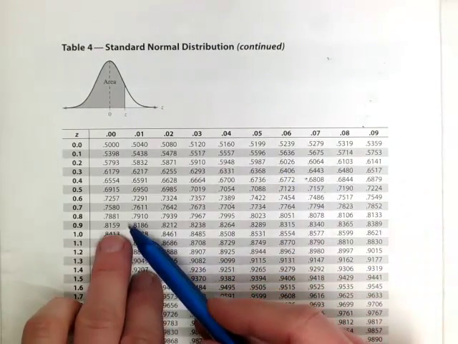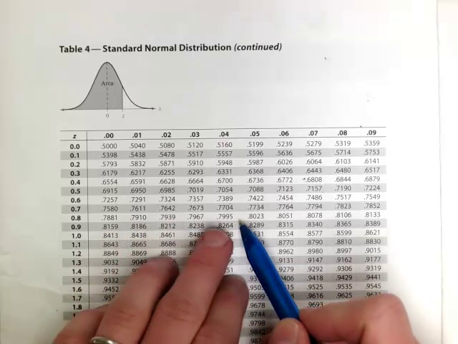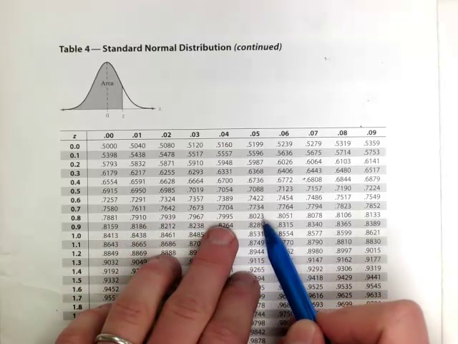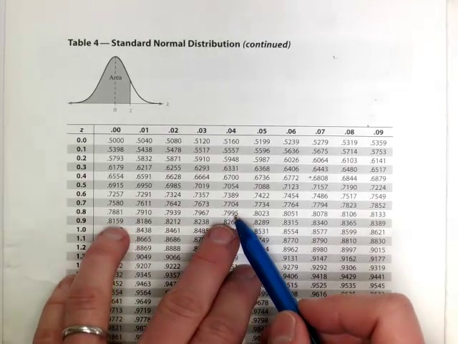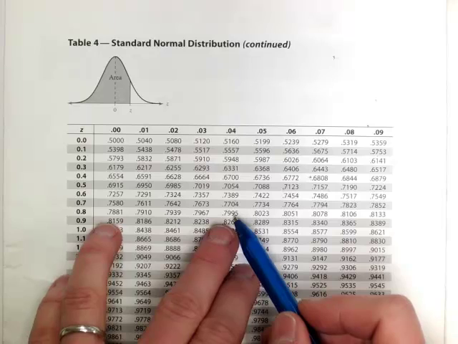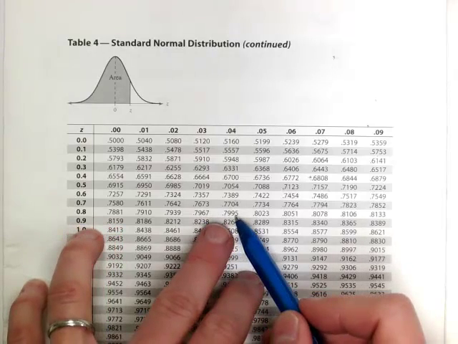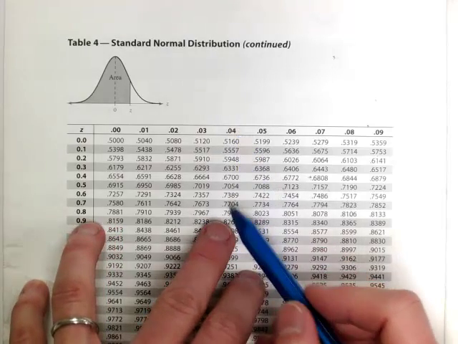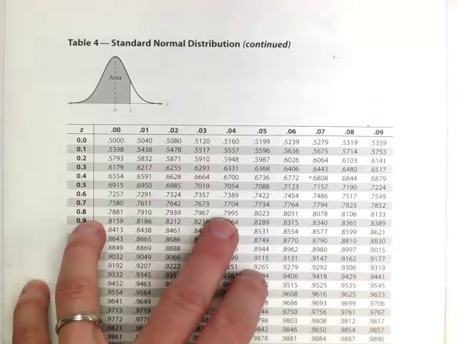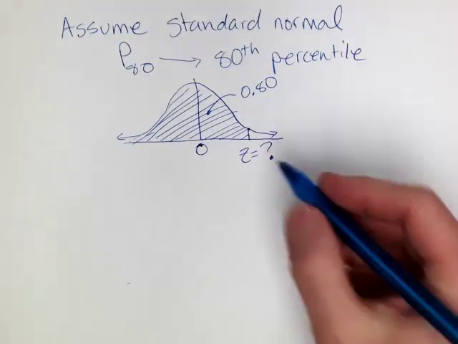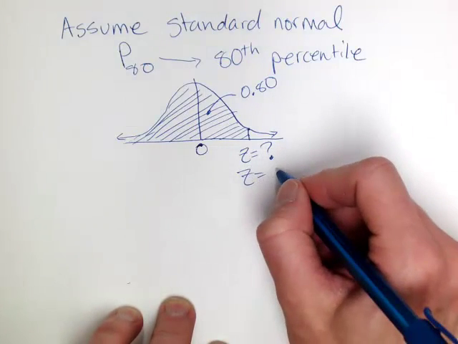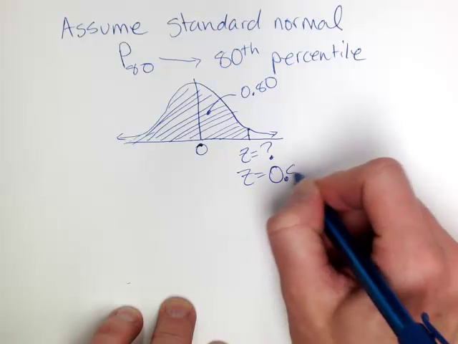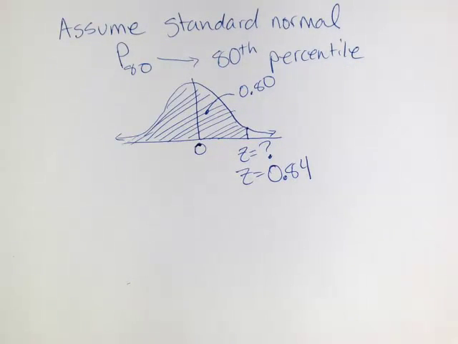So 0.8 for a cumulative area. As close as I can get in the body of my table is a z-score of about 0.84. Okay, so z in this case will be 0.84.